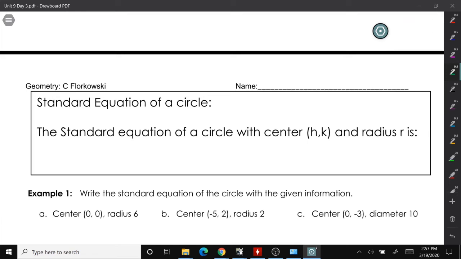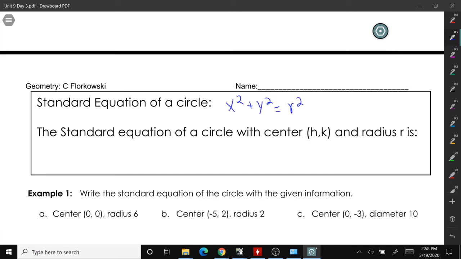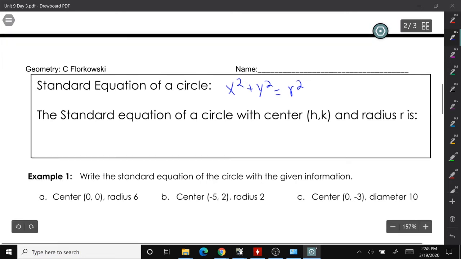So the standard equation of a circle with the center at 0, 0 is going to be x squared plus y squared equals the radius squared. That's our standard equation of a circle that is not shifted left or right, that the center is at the origin.